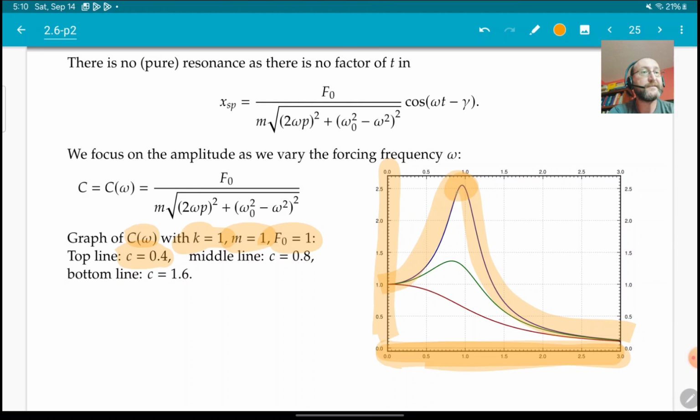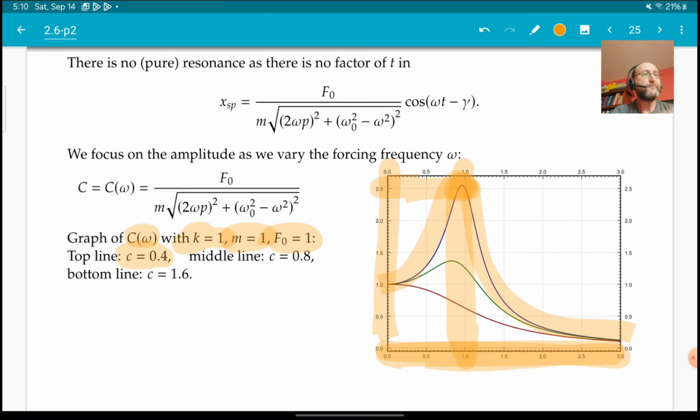amplitude I get is right over here. So somewhere here. In this case, it would be slightly less than 1, and the amplitude would be slightly more than 2.5. So for omega slightly less than 1, the maximum amplitude that I can get is going to be 2.5, right?